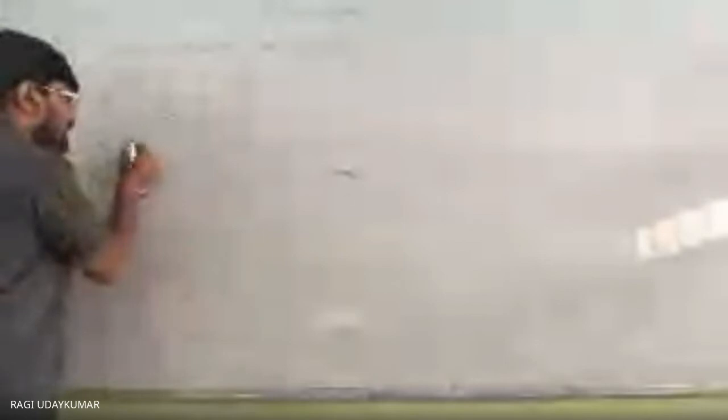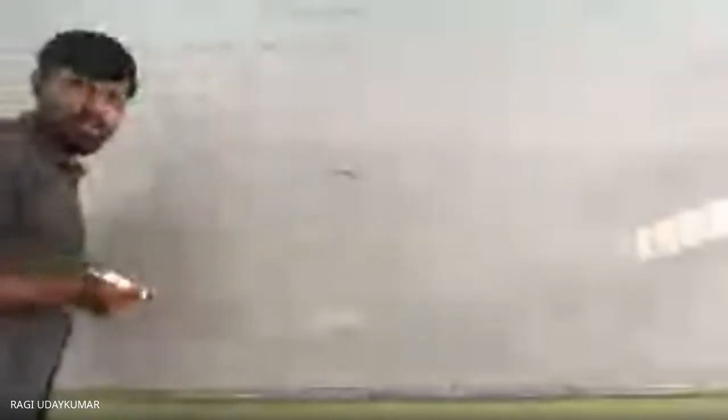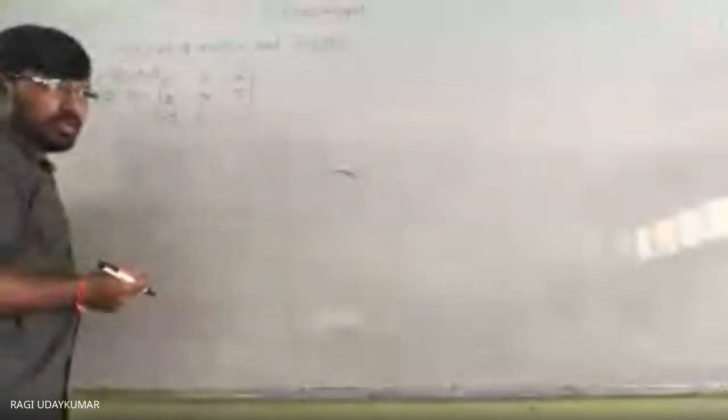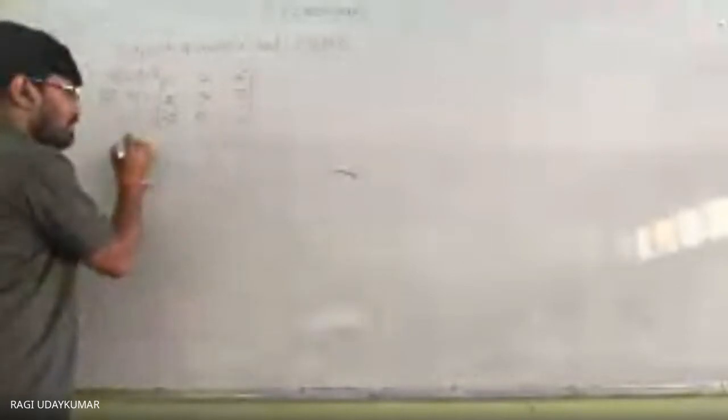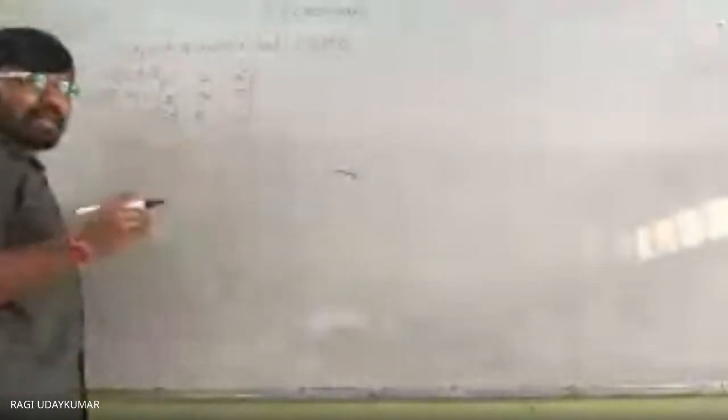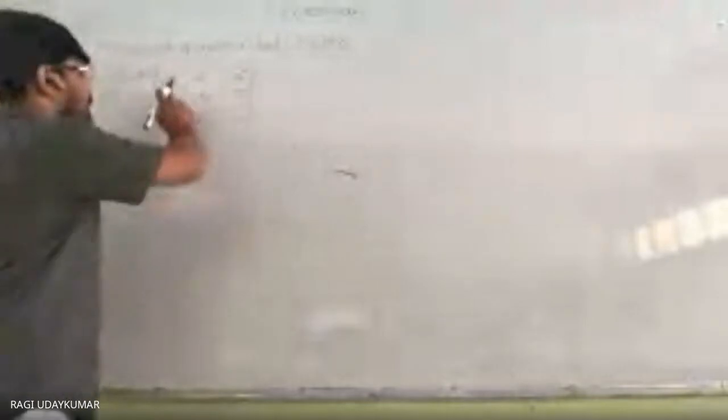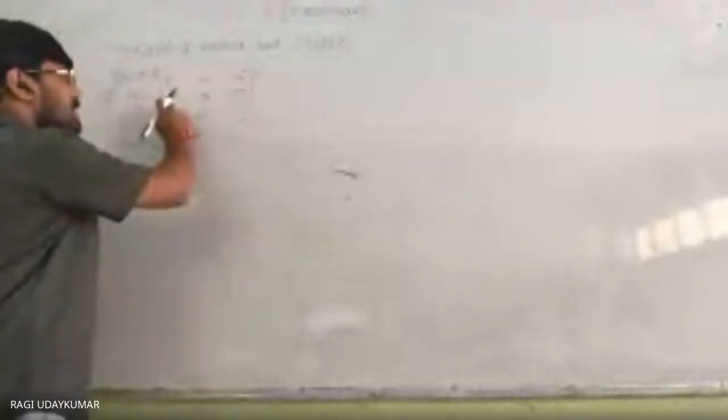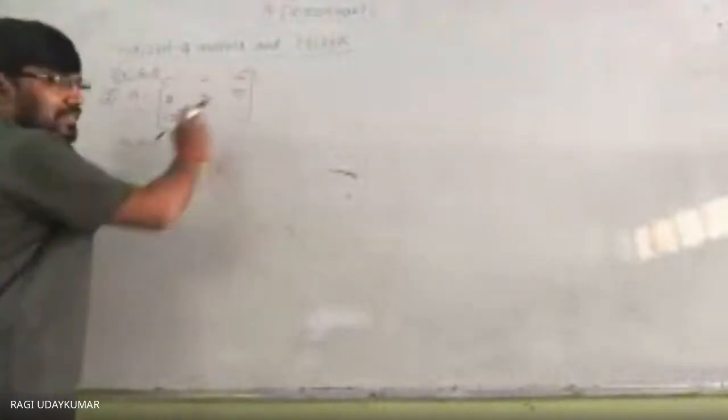Okay. So now here we need to replace each element with its cofactor. The first cofactor, A11. What is meant by a cofactor? It is -1 to the power of 1 plus 1. As we have practiced, the signs go plus, minus, plus, minus, plus, minus, plus, minus, plus.